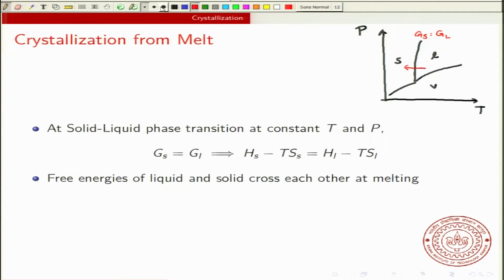So, now we can see that the Gibbs free energy of the solid is equal to the Gibbs free energy of liquid at the melting temperature, and it should be kept in mind that the melting temperature depends on the pressure. Melting temperature at different pressures changes.